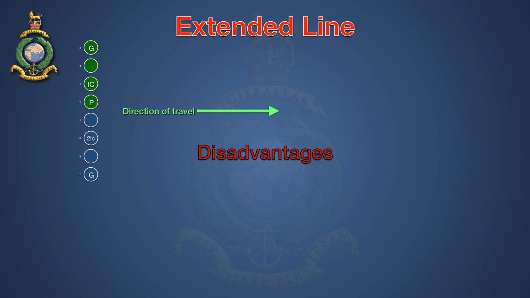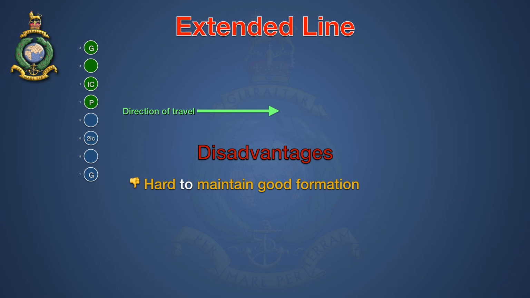Now let's look at the disadvantages of the extended line formation. It's hard to maintain a good formation. You'd be quite surprised that when everyone is lined up in that so-called straight line and starts moving, we all move at slightly different speeds, and we're carrying different weights and things.